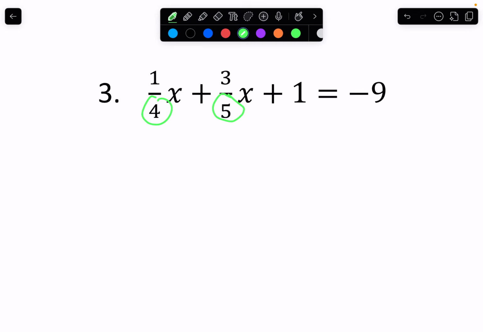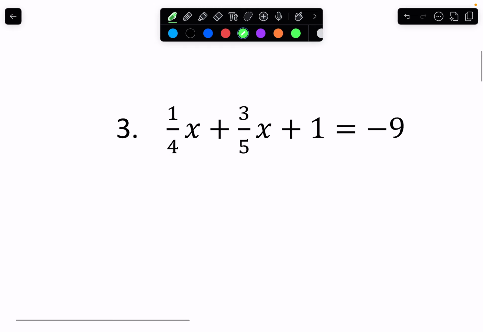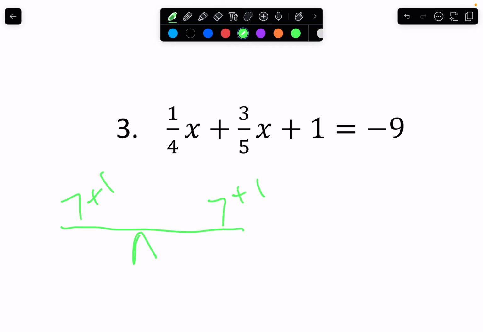So we're going to use a trick that we've been using for a while in pre-algebra, where I multiply both sides by something, and it's totally fair. Remember, like, we have a scale. If I have a 7 on this side and a 7 on this side, if I add 1 to this side, as long as I do it to the other side, I'm good.